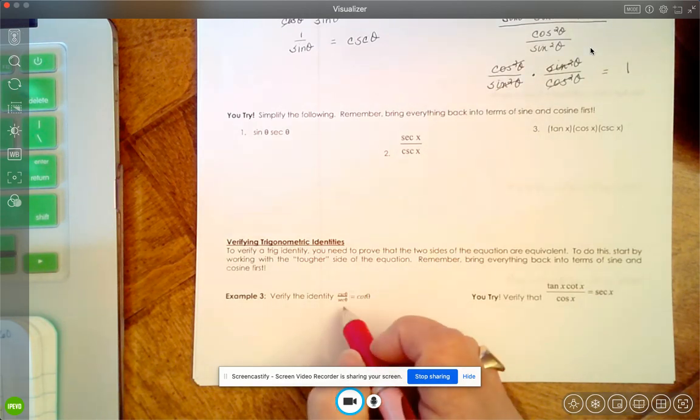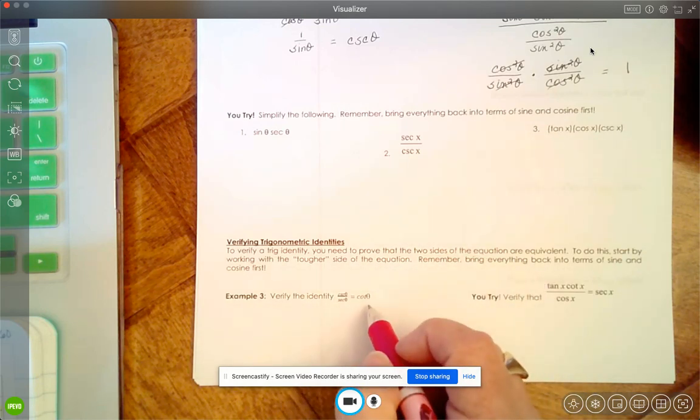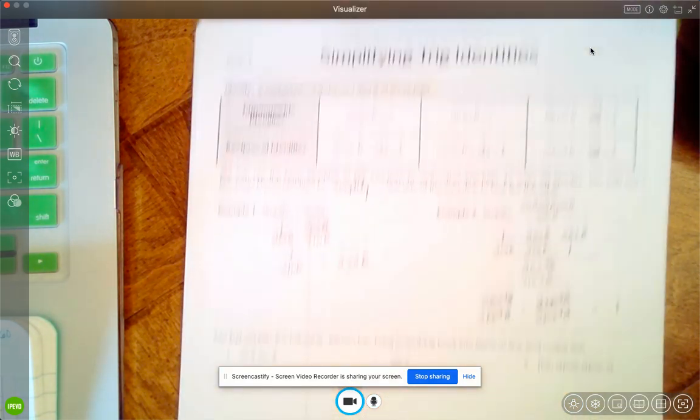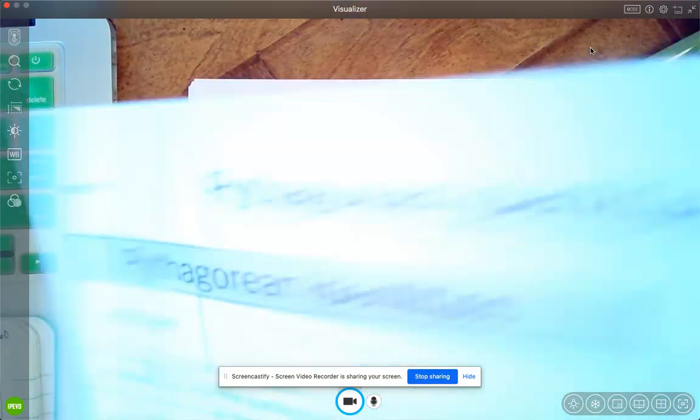So I'm going to take this side right here, cosecant of theta over secant of theta, and I'm just going to work with that one side, but I know that what I'm supposed to get is cotangent of theta. Those are fun. All right. So that is simplifying and verifying.